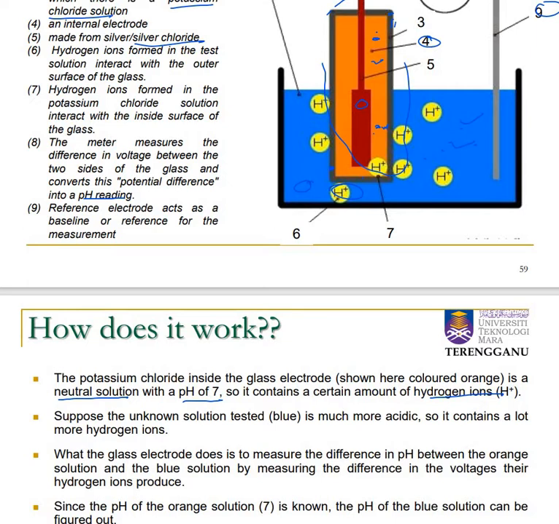Supposedly this blue solution is much more acidic and contains a lot more hydrogen compared to this orange solution. So the function of this glass rod is to measure the difference in pH between this orange solution and the blue solution by measuring its voltage. This voltage depends on the amount of hydrogen ion produced in both solutions.